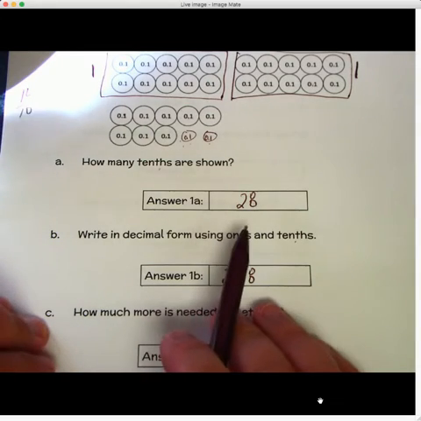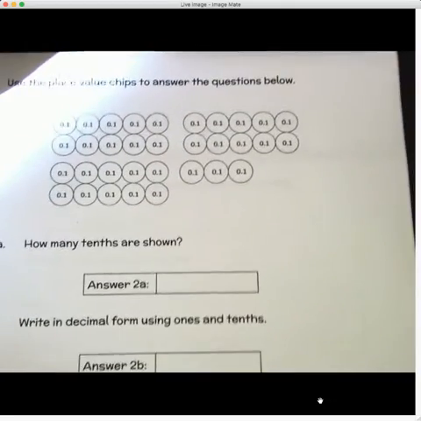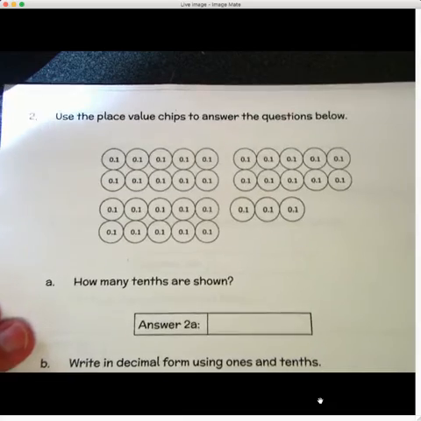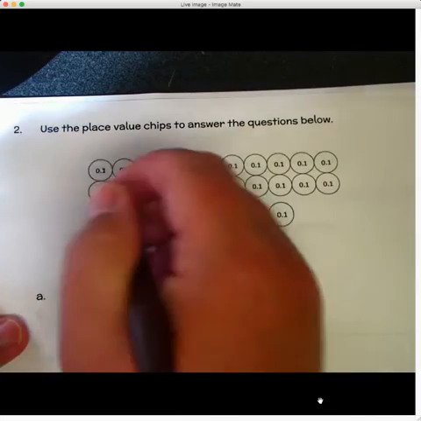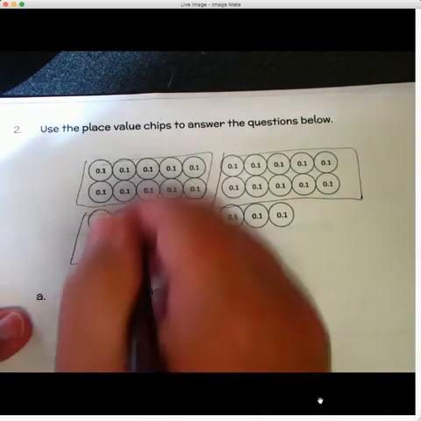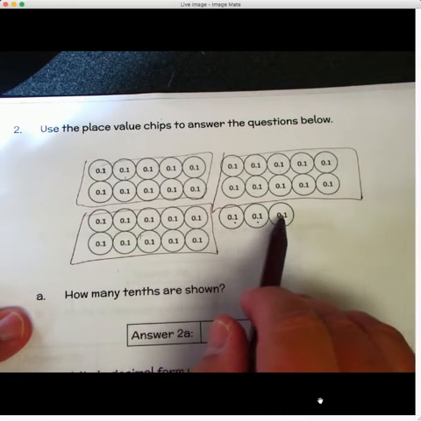Okay, so let's look at another one like that. Now these are in groups of 10 already, so let's go ahead and do this. We've got a group of 10 here, a group of 10 here, a group of 10 here. So it's 10, 20, 30, 31, 32, 33.